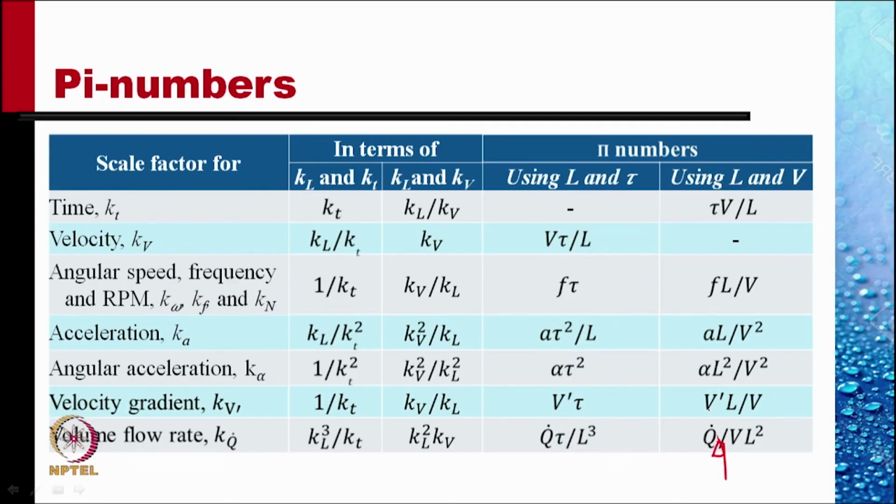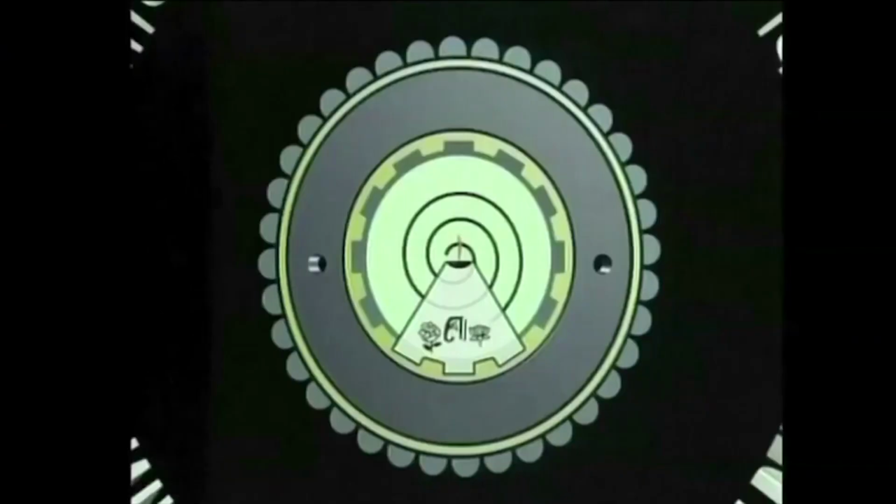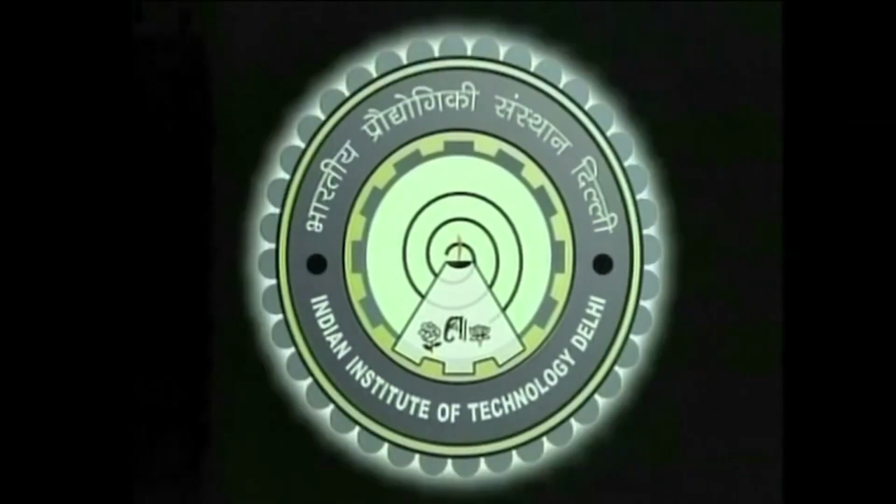Alpha L squared by V squared is the pi number corresponding to angular acceleration. These must have the same values in the model and the prototype. Every one of these.